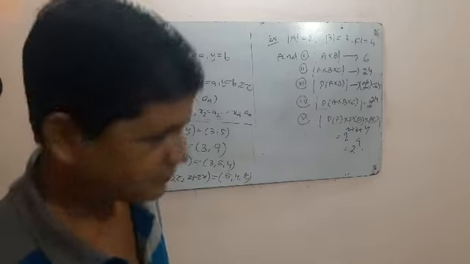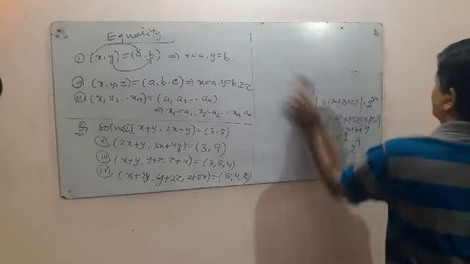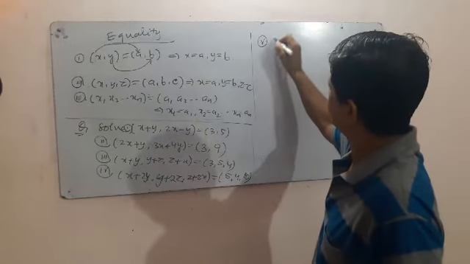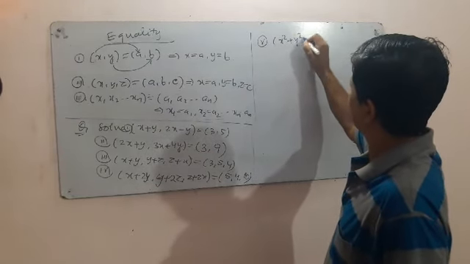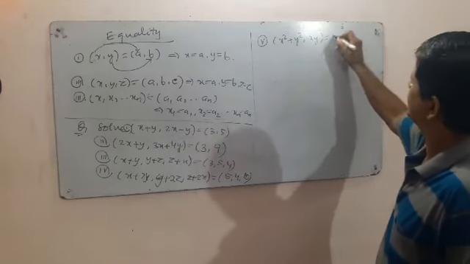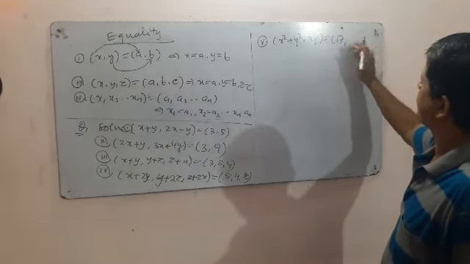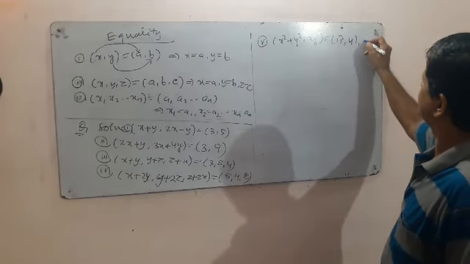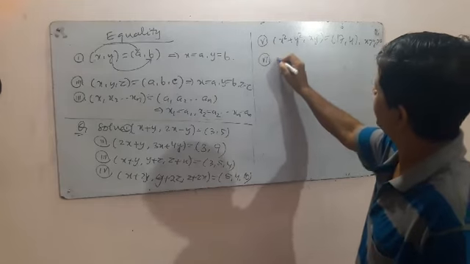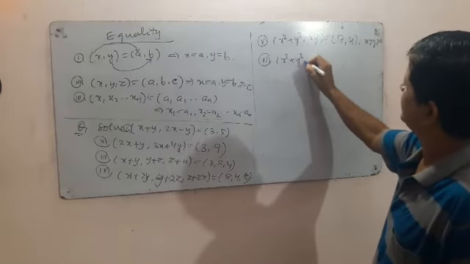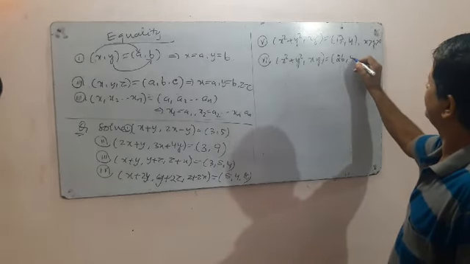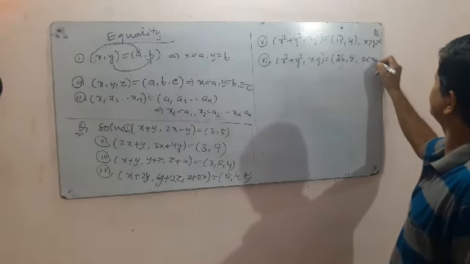Now come to one more question for it. Fifth, x square plus y square comma xy equals 17 comma 4, x greater than y greater than 0. Sixth, x square plus y square comma xy equals 26 comma 5, 0 less than x less than y.